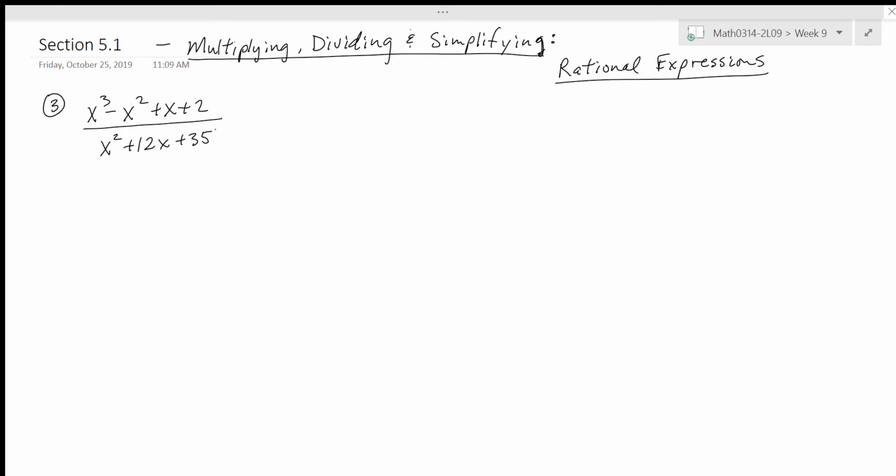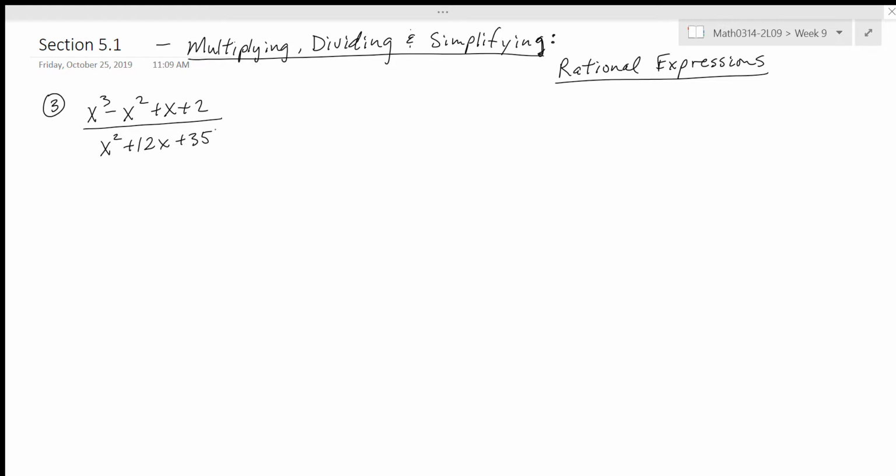The fact that it is a fraction and has variables in the denominator makes it rational. Got that? So, the instructions say find all numbers for which the rational expression is not defined. We want to find all the values of x for which this rational expression is not defined.